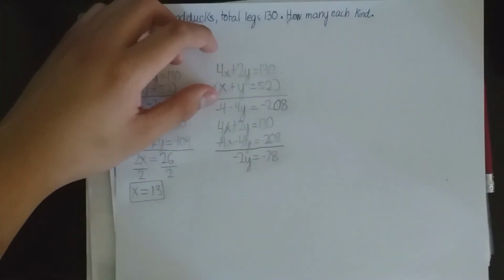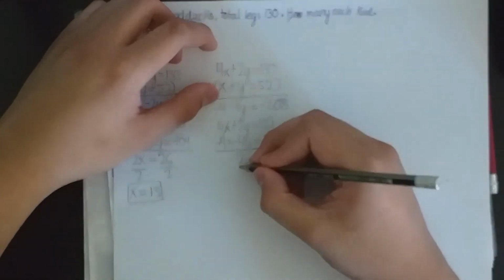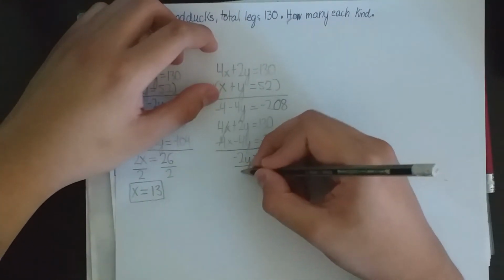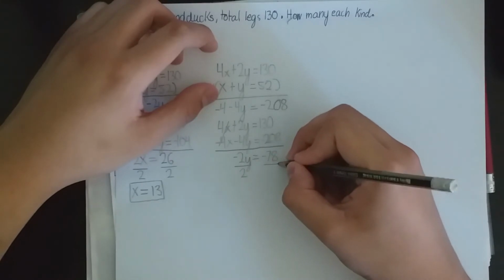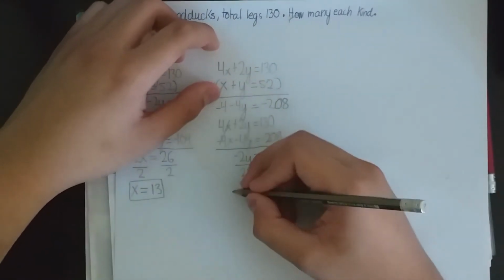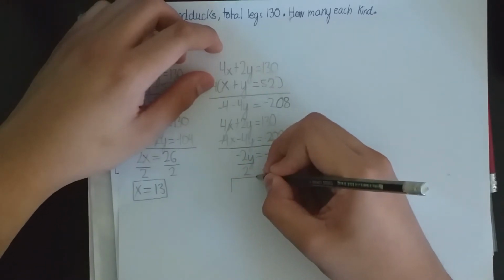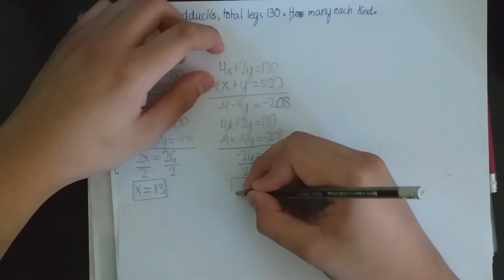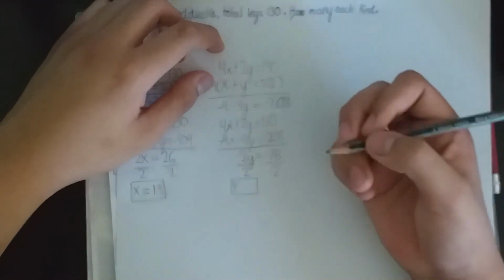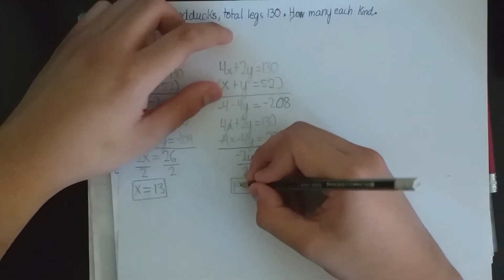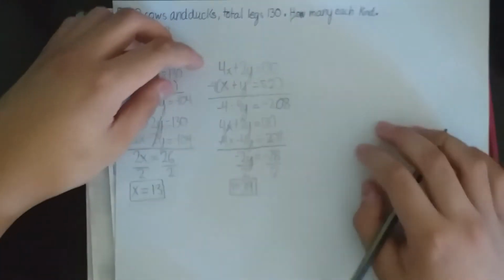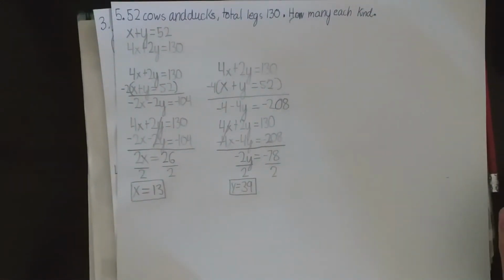After that, we'll divide both sides by negative 2 so we can isolate letter y. For your final answer in number 5, for letter y, is 39. That is your final answer to number 5.